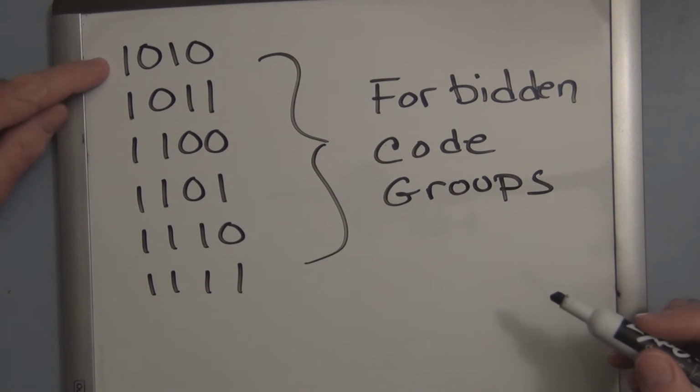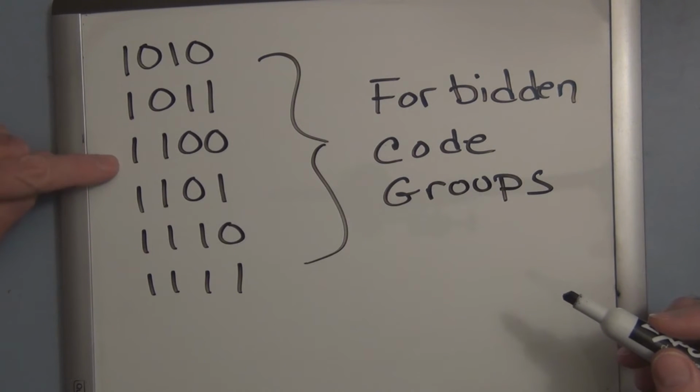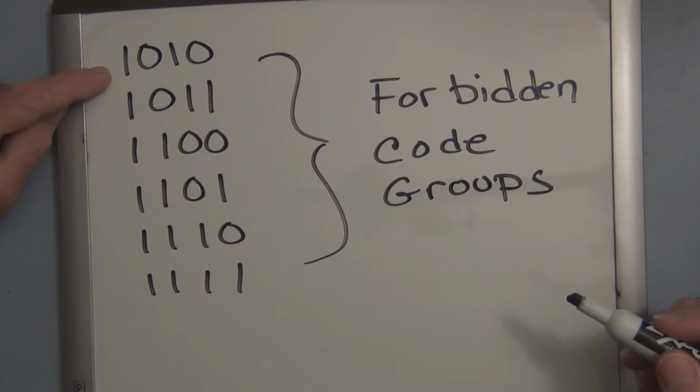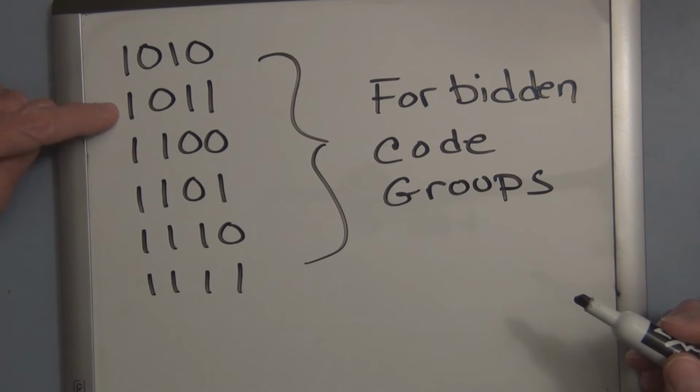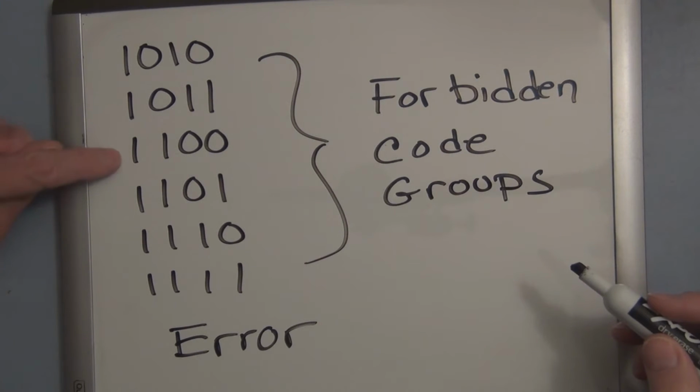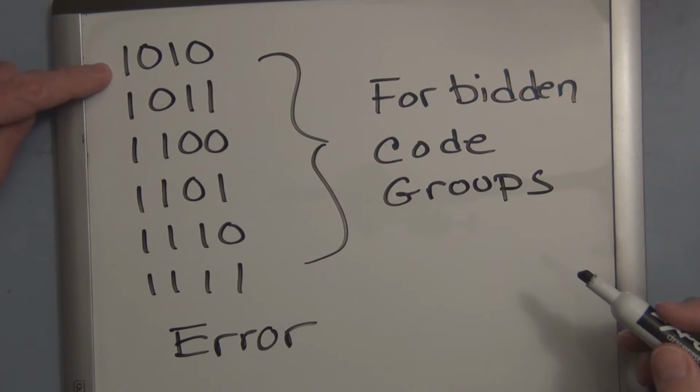Now remember, we have 6 code groups that are forbidden in the BCD system. So if you have some hardware using the binary coded decimal system and you come across any of these code groups, you know that you'll have an error, because you should not be using these code groups in the BCD system.